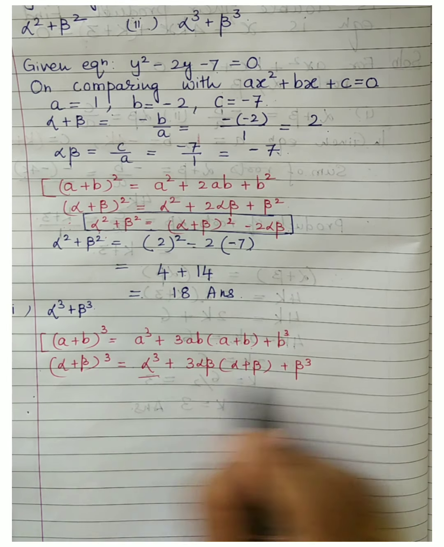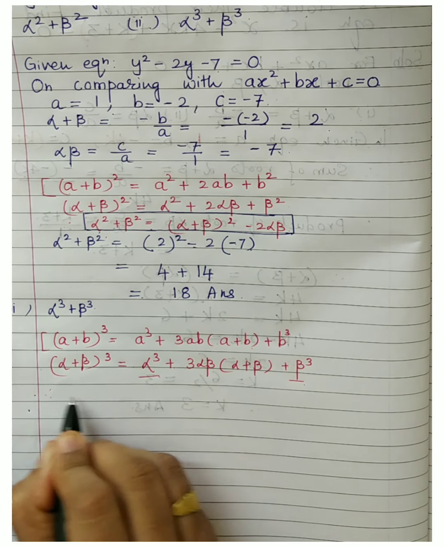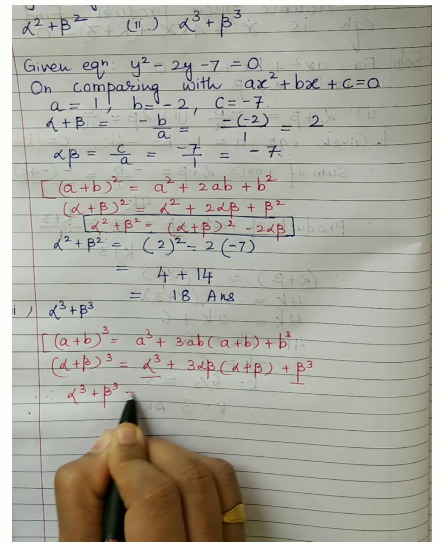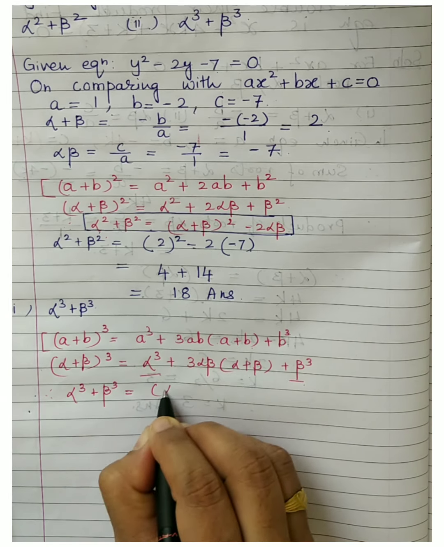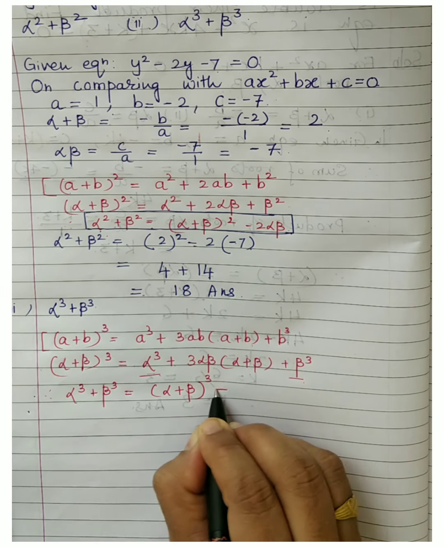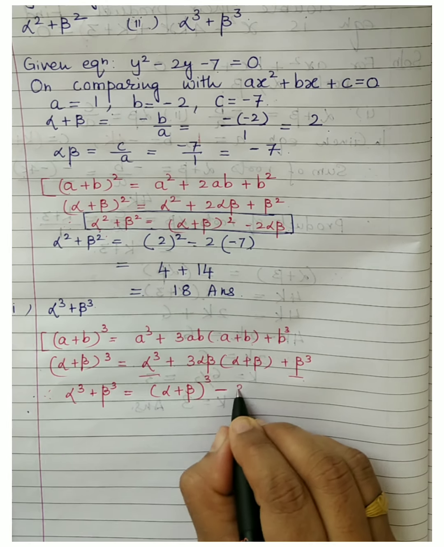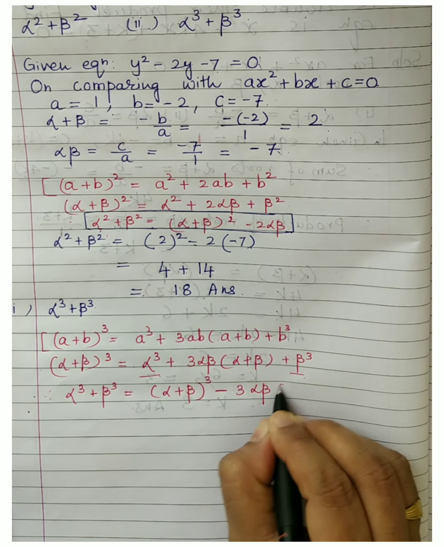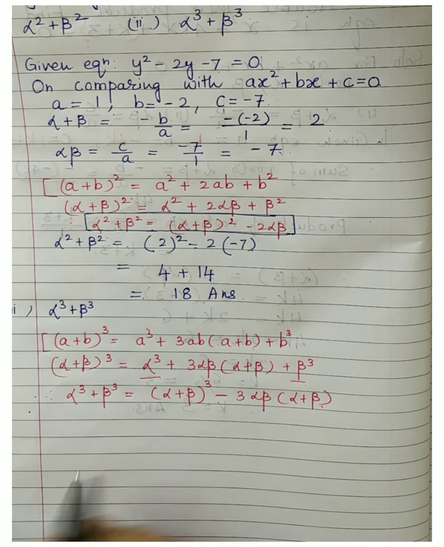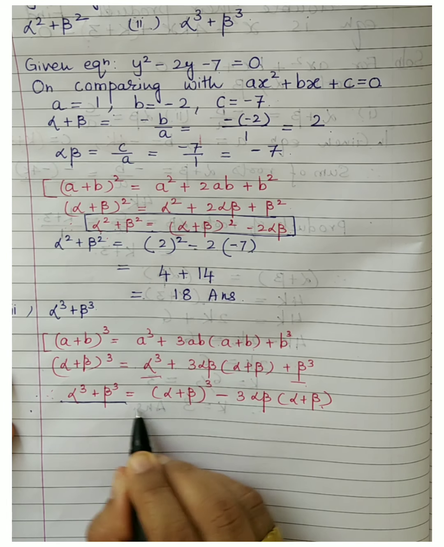And for this, making the subject, I get the formula alpha cube plus beta cube is equal to alpha plus beta the whole cube minus 3 alpha beta bracket alpha plus beta.